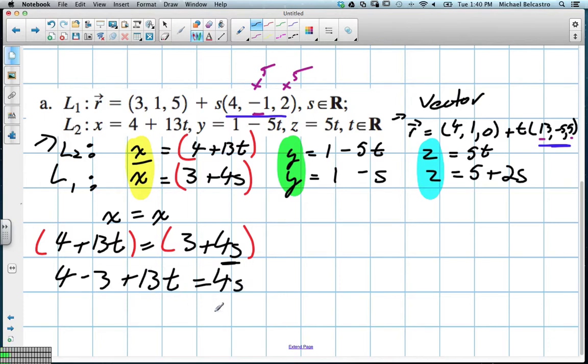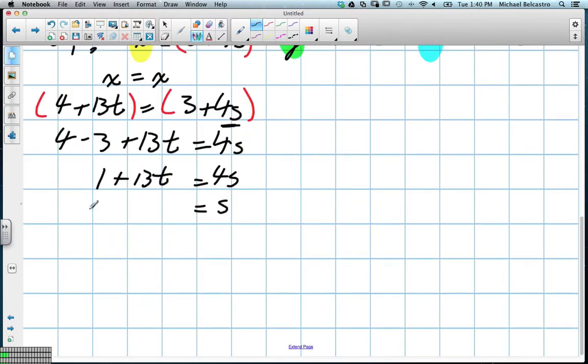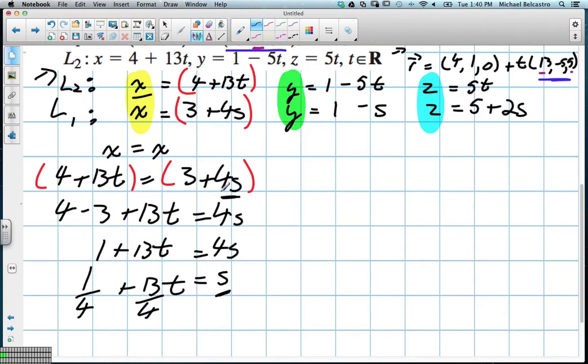Okay. So we then have 4s is equal to 1 plus 13t, which means our variable s is equal to 1/4 plus 13/4 t. So that doesn't quite give us a value for s, but what we're going to do is plug it back in to either of our equations here.